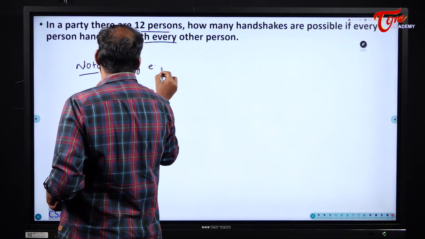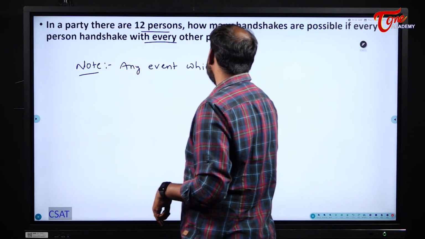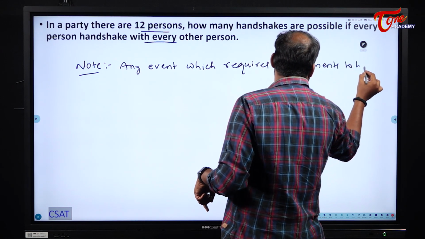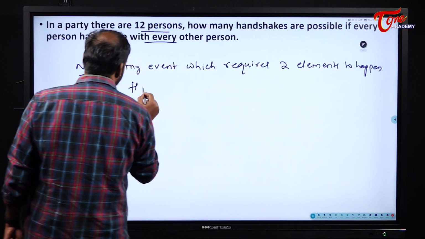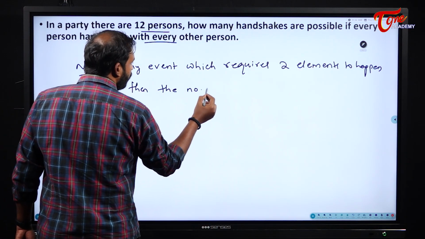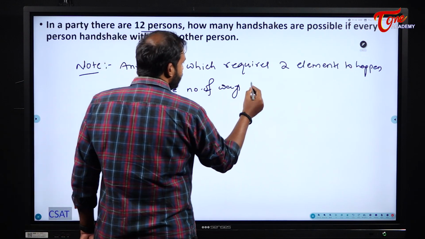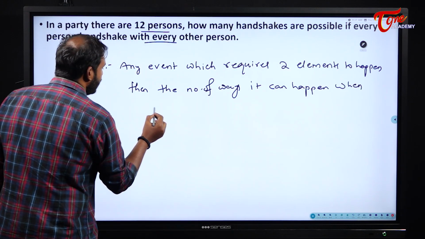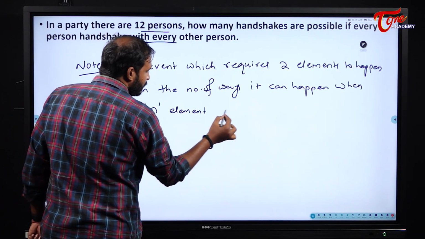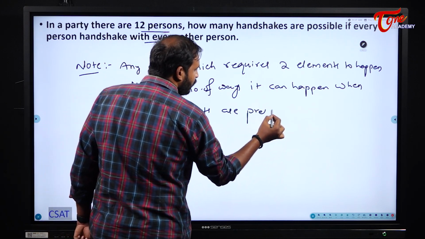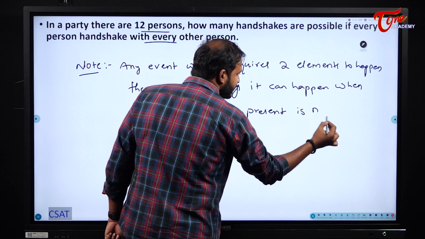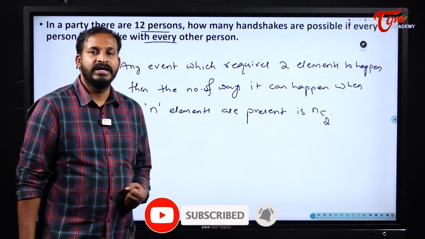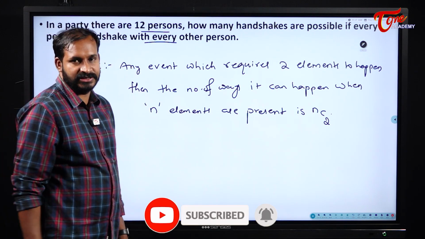Any event which requires 2 elements to happen, then the number of ways it can happen when n elements are present is nC2. That thing will happen in nC2 ways. So this is one of the standard procedures, students.